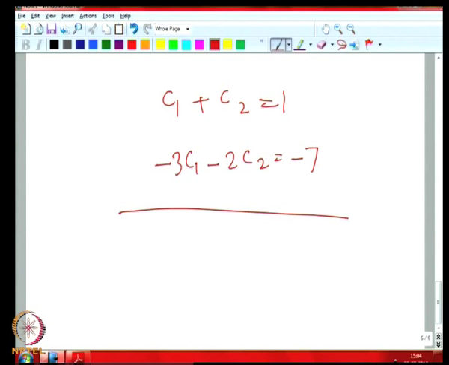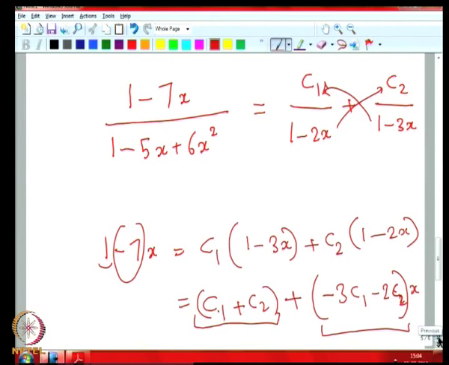You can do it easily. We will get c1 equal to 5 and c2 equal to minus 4. Now you substitute in this equation, c1 equal to 5 and c2 equal to minus 4.